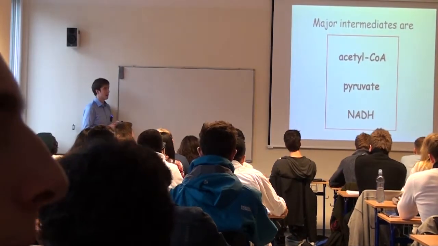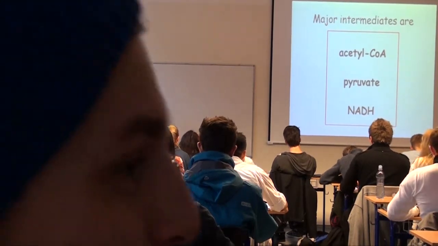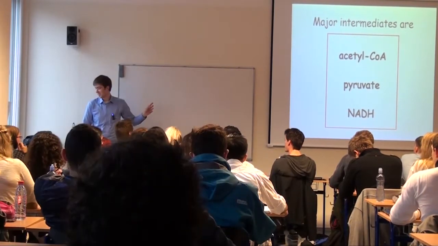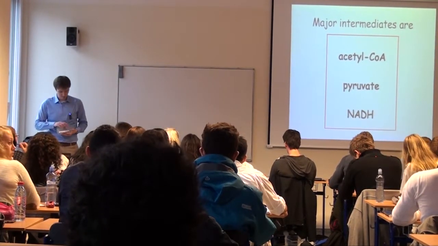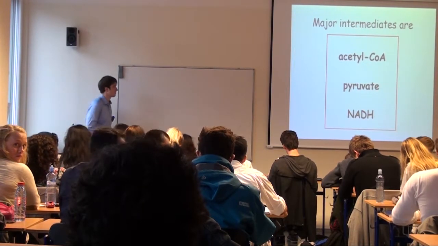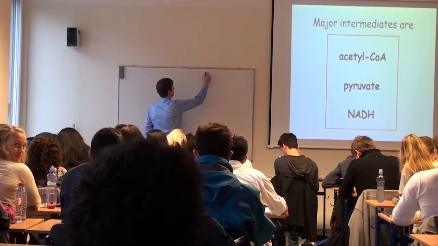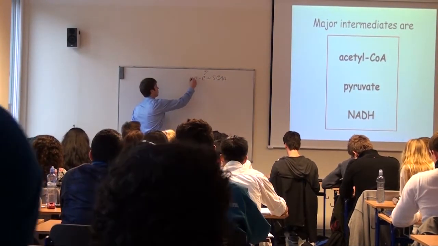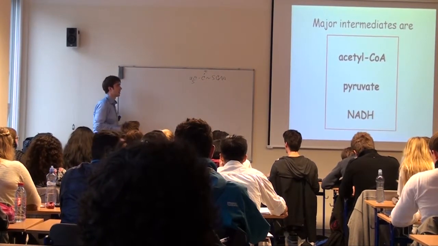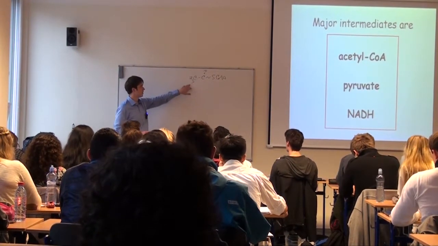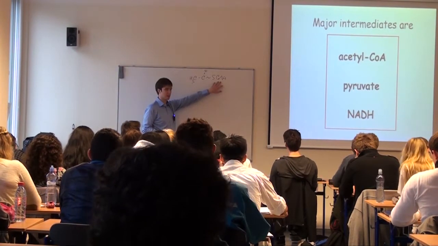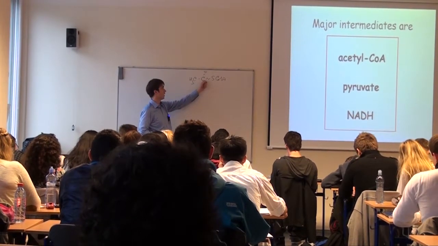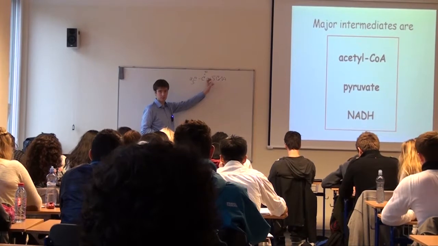The acetyl coenzyme A. Can you draw its formula? Not the whole formula, only the formula of acetyl. So this is the acetyl coenzyme A. Acetyl is this, and this is coenzyme A. Here is written S as a sulfur. Here is the bond between carbon and sulfur, and that's important.